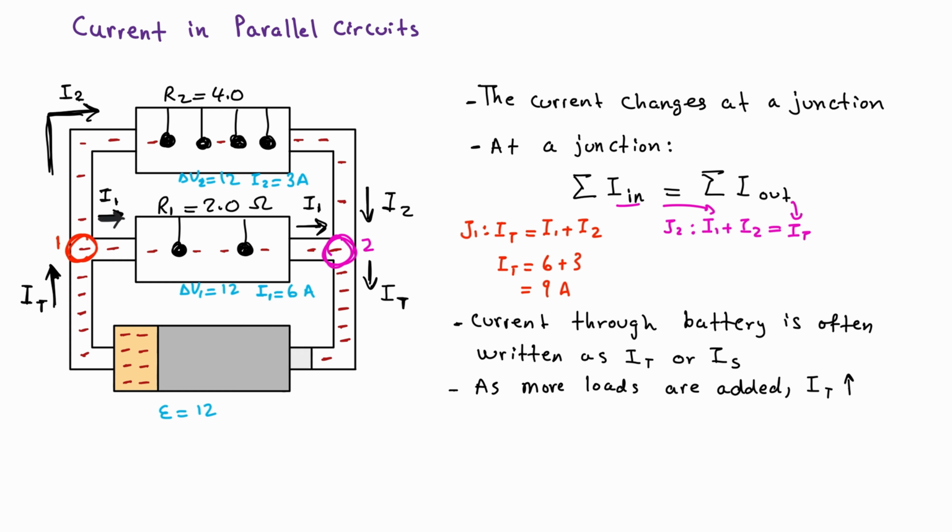I calculated I1 to be 6, I2 to be 3, and that equals IT, and IT will equal 9 amps, which is exactly the same. Now, this total current, IT, refers to the current that goes through the battery. This is also called IS sometimes, standing for source.